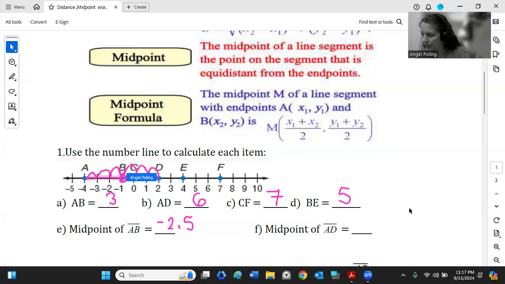And it looks like we're here at the -1. Okay, double checking my answers there, and then I'll go to the next problem.